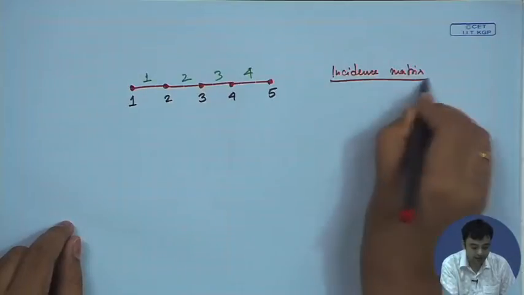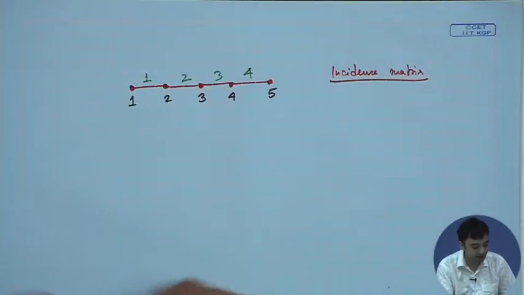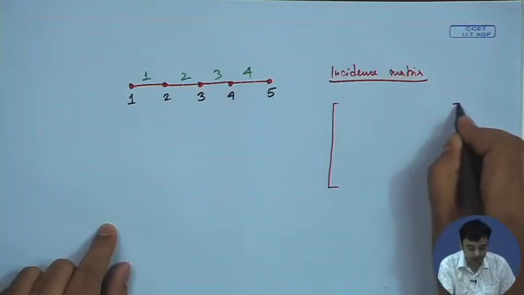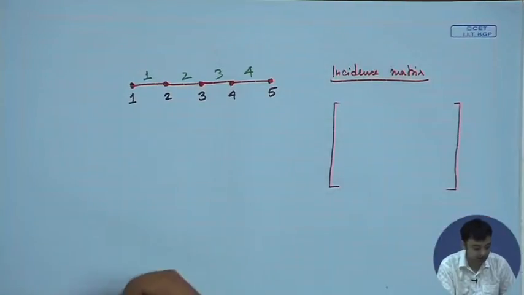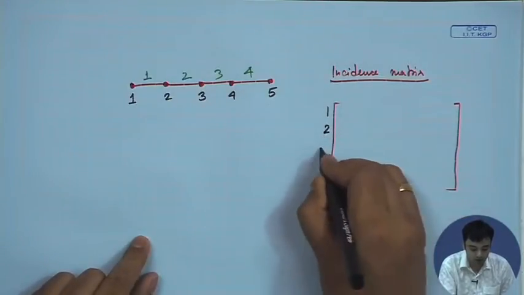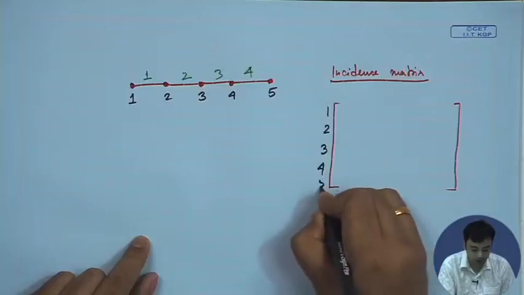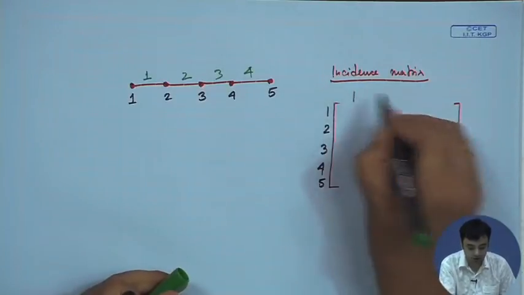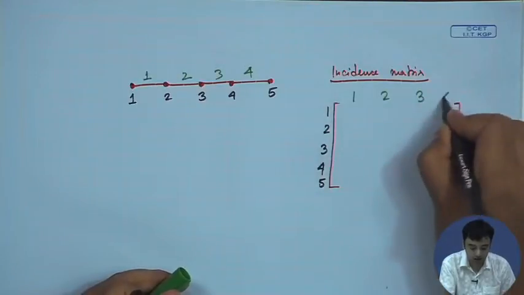As we have said, it is an n cross E matrix. So, basically it will be like this. We have the nodes here, 1, 2, 3, 4 and 5, whereas we have the edges on the columns, 1, 2, 3 and 4.